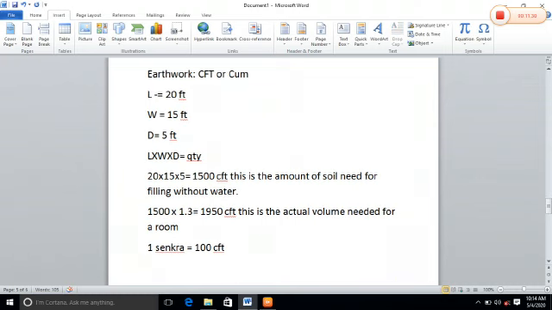Our quantity was 1950 divided by 100, so it will give 19.5.